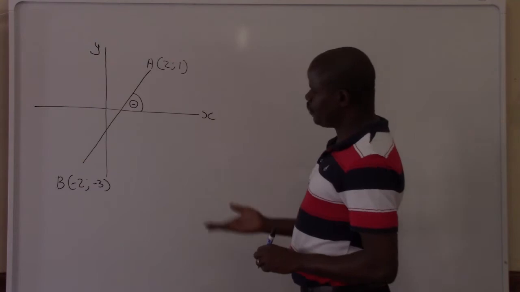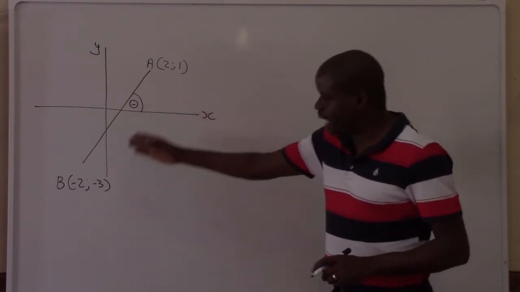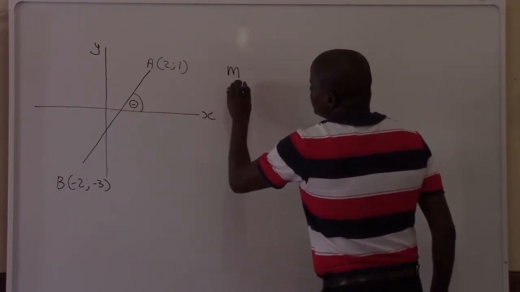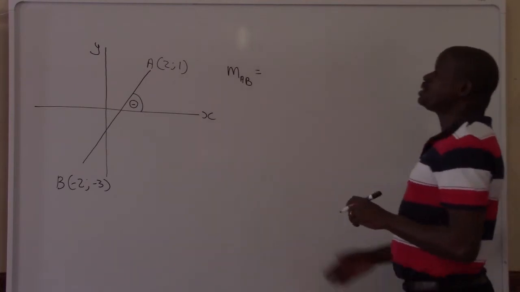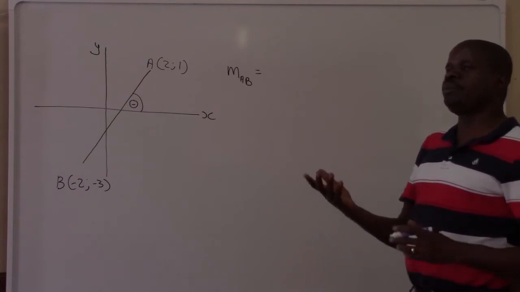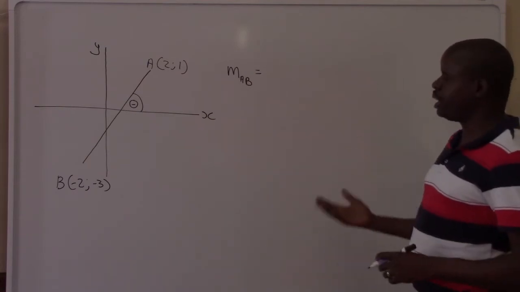First and foremost, we have to calculate the gradient of that line. To calculate the gradient of the line, we use small letter m of line AB. Instead of saying change in y over change in x, in most cases we use y2 minus y1 over x2 minus x1.